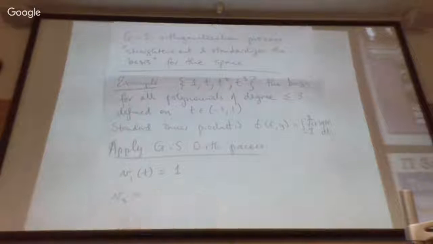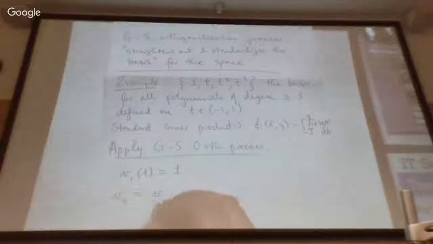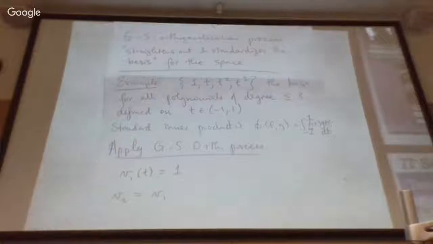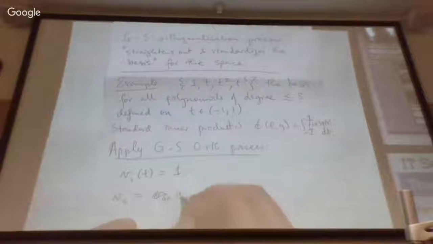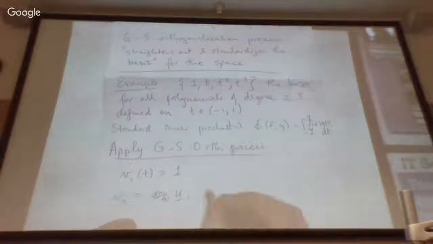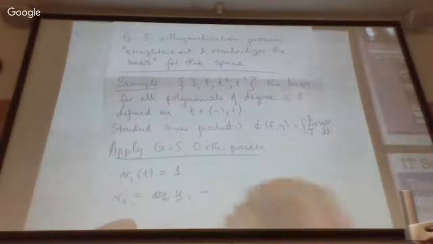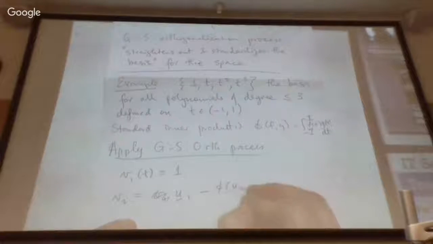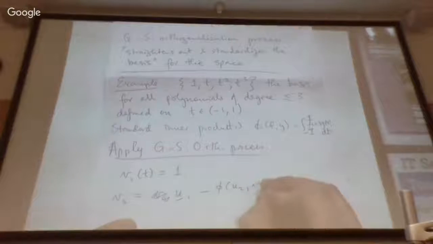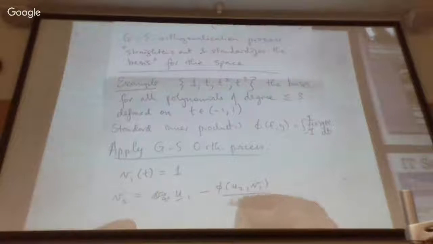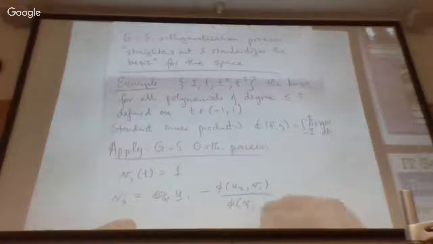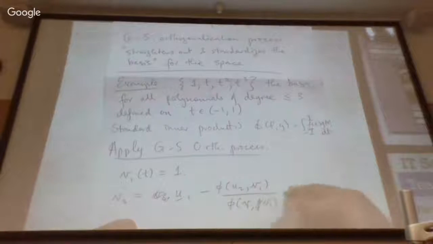V2 is what U2 was, and then we subtract the projection of U2 onto V1. Well, V1 is the same as U1. This is the inner product formula, and we're subtracting that multiple of V1.